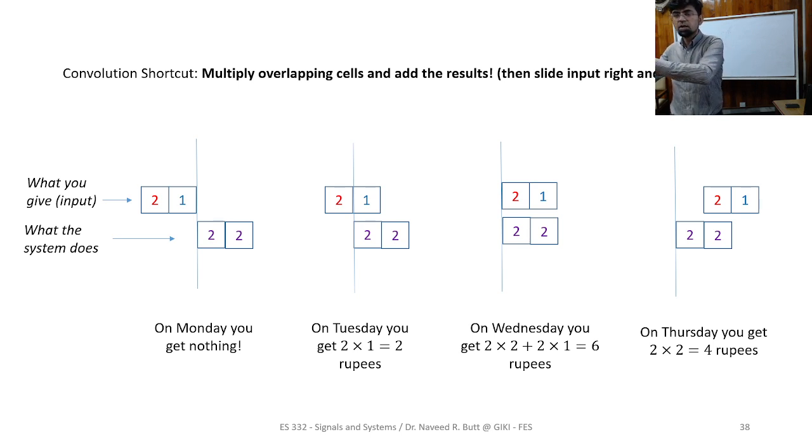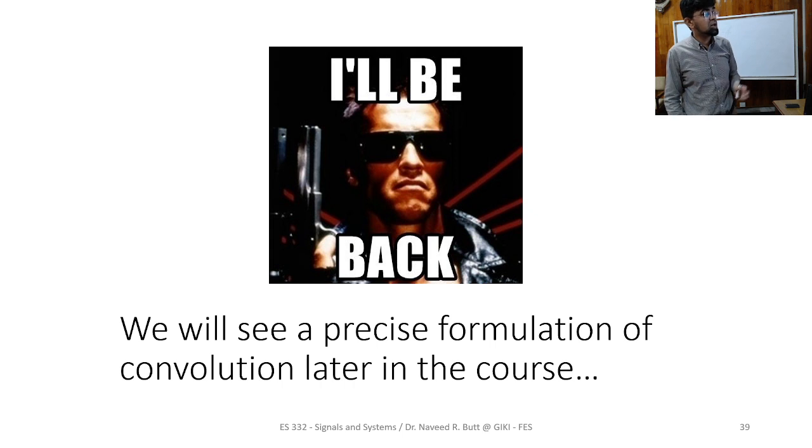Then you send more of the input in overlap, get the output. That's it. We will write it mathematically and also do it graphically. But at this moment, what you need to take away is what convolution is: a mathematical operation that helps us calculate the response of systems. And you already saw in a simple example that things do get convoluted.